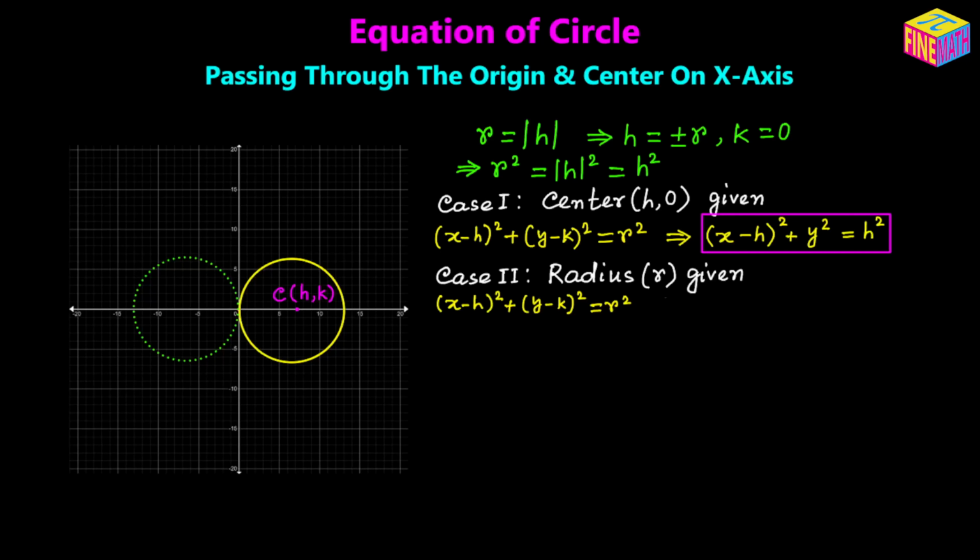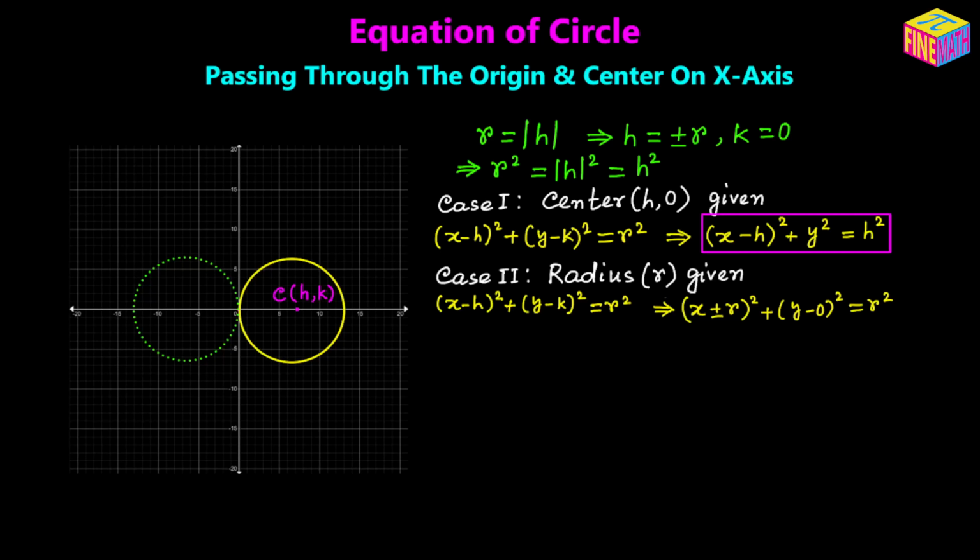If we begin with the fundamental equation of circle, we can say the equation would be x minus h whole squared plus y minus k whole squared is equal to r squared. But in this case, h is equal to plus or minus r and k is equal to 0. So if we use the value of h and k, then our equation is going to look like this: x plus or minus r whole squared plus y minus 0 whole squared is equal to r squared.